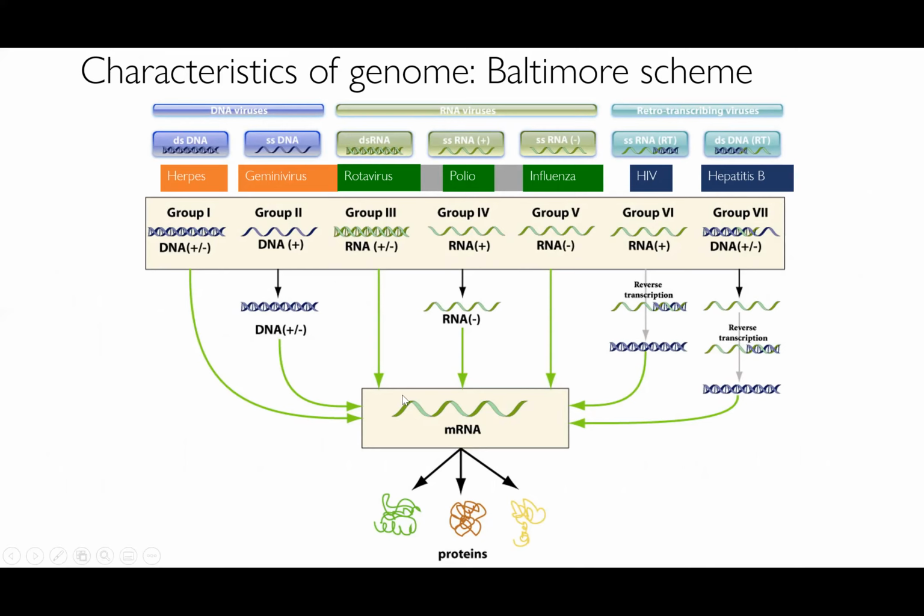But ultimately, all these things have to be transcribed to RNA, messenger RNA in some way or form. But how it gets there is a pretty distinct way. It has a pretty distinct pathway of how it gets there, whether it's DNA, RNA, or RNA viruses that are retrotranscribing.